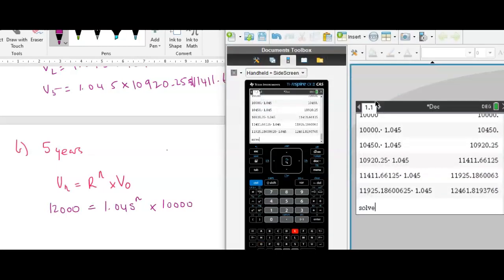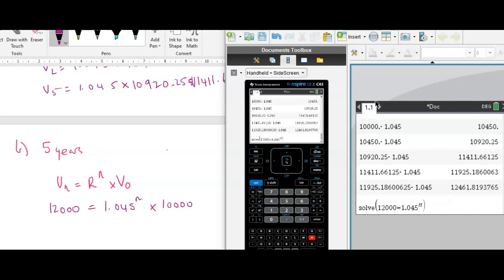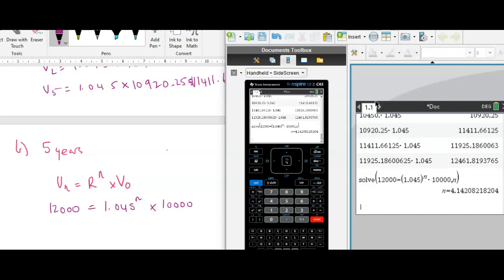So solve 12,000 equals 1.045 to the power of n times 10,000, comma n. All right, so it's given you 4.14.